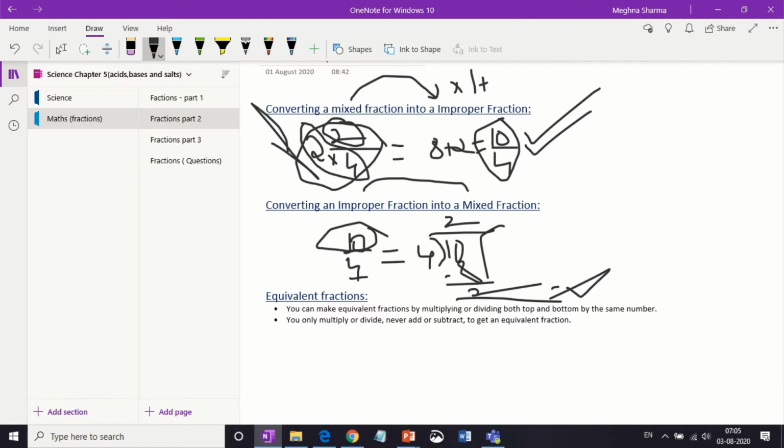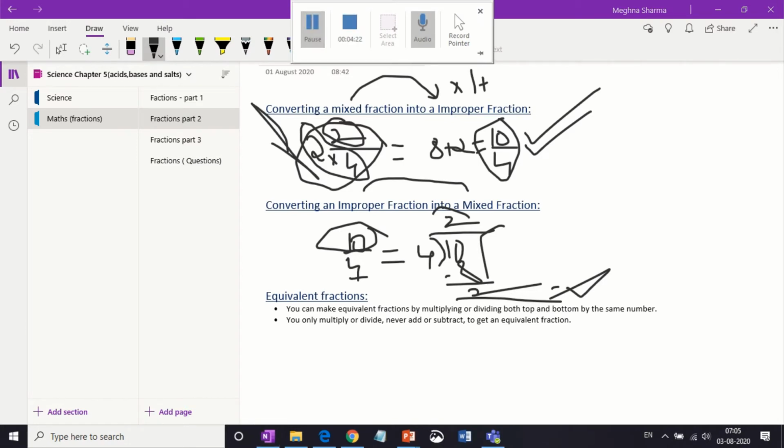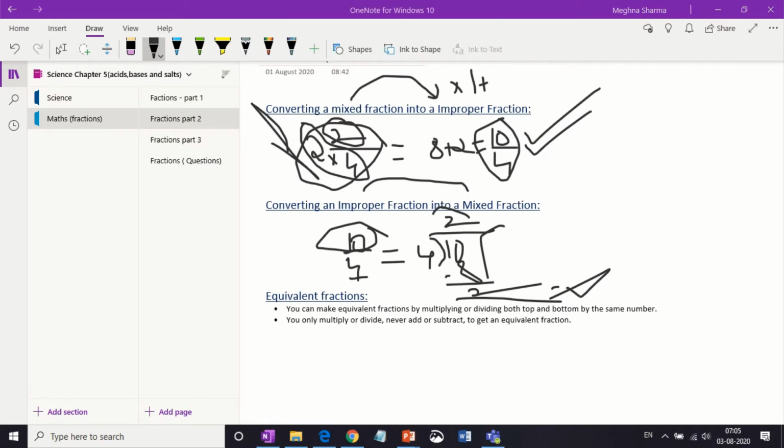Now, how do we place these numbers into a mixed fraction? This 2 is known as the quotient of the division.